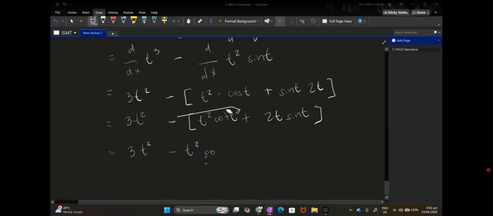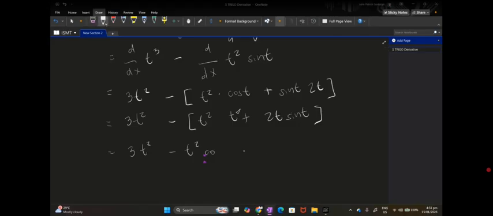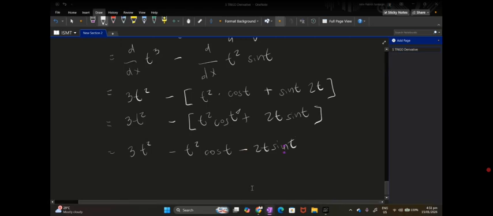Sorry, nag-autocorrect kasi siya. Cosine of t minus 2t sine t. Ayan. So, eto na yung final answer natin.